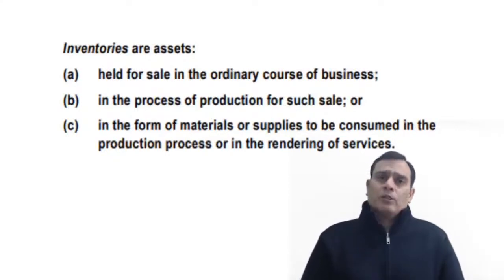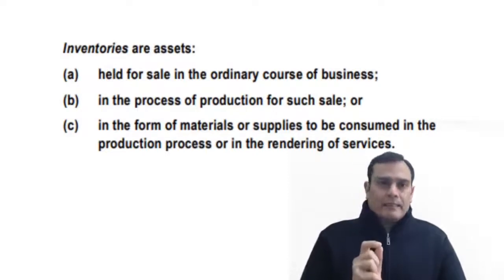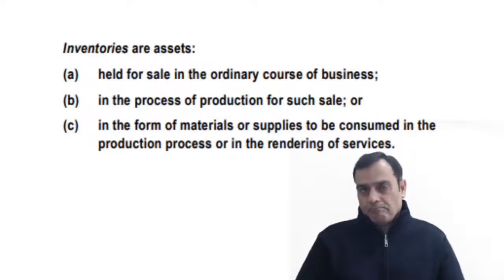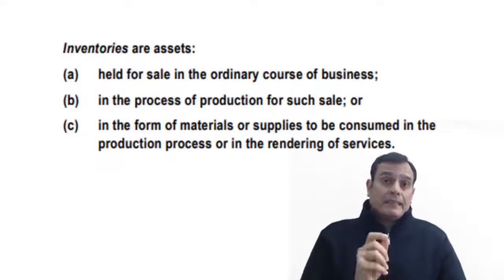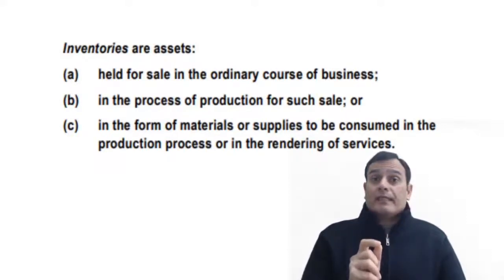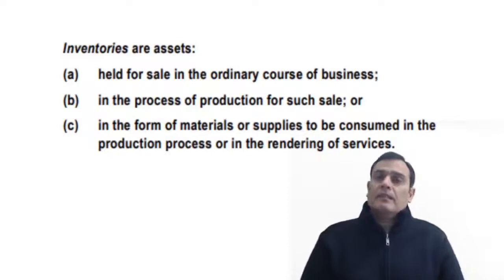Interestingly, for property, plant, equipment as per Ind AS 16, you will not see that the standard defines PPE to be an asset. It says that property, plant, equipment are tangible items. It doesn't use the word asset. So is there any special significance in using the word asset in the definition?